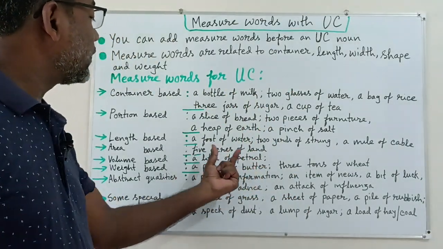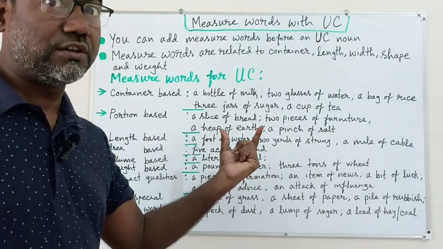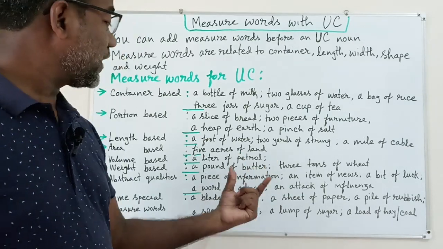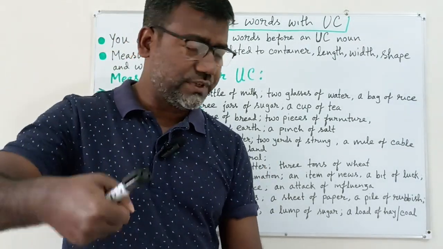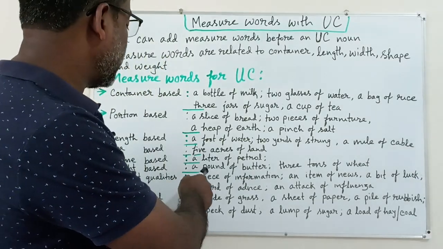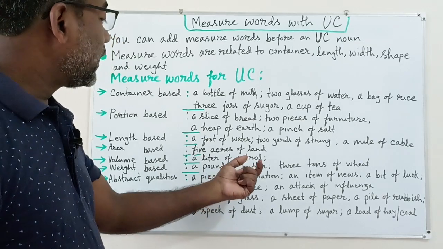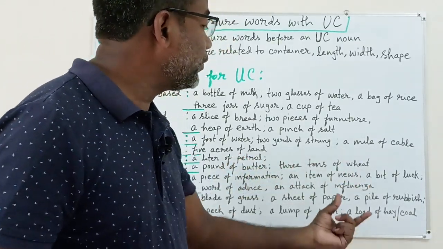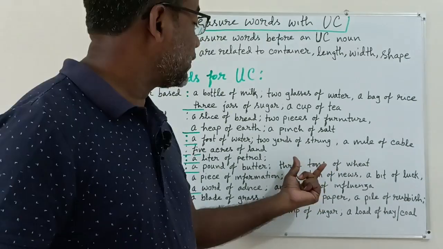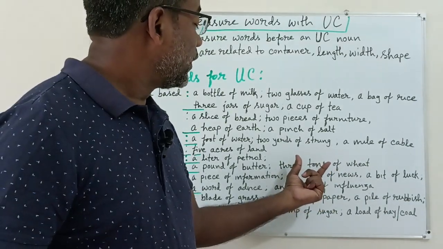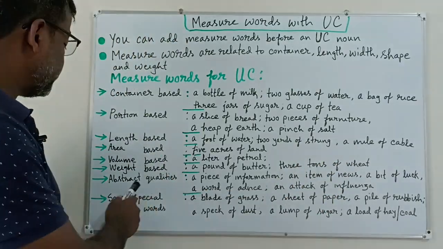That is, a liter of milk, a liter of petrol, a liter of water. Then weight based. A pound of butter. Pound is a unit for measuring weight. 3 tons of wheat. A ton is also a measure word for measuring the weight of something.